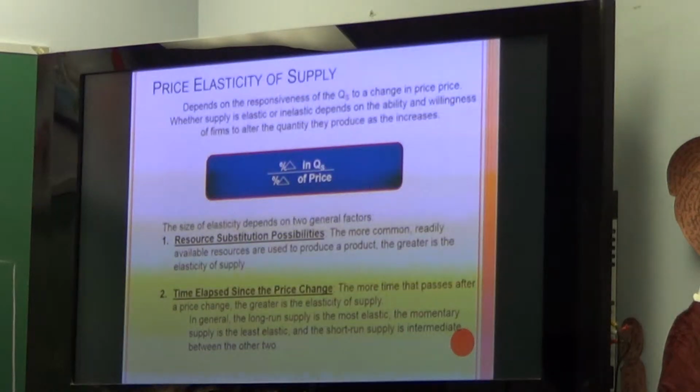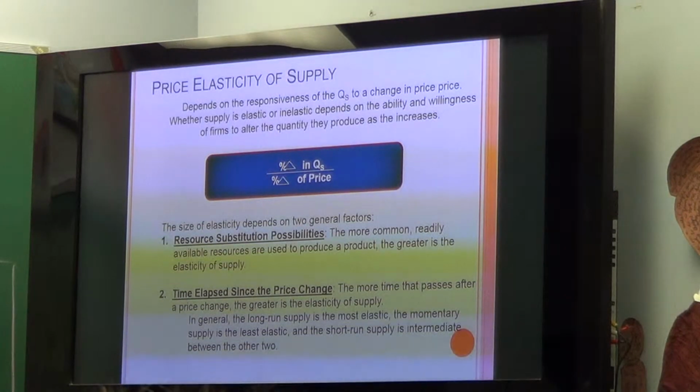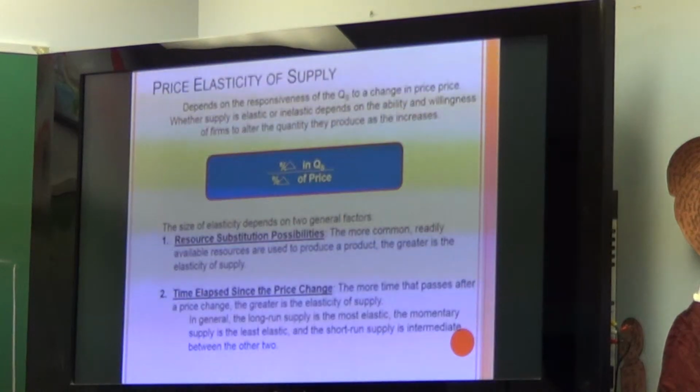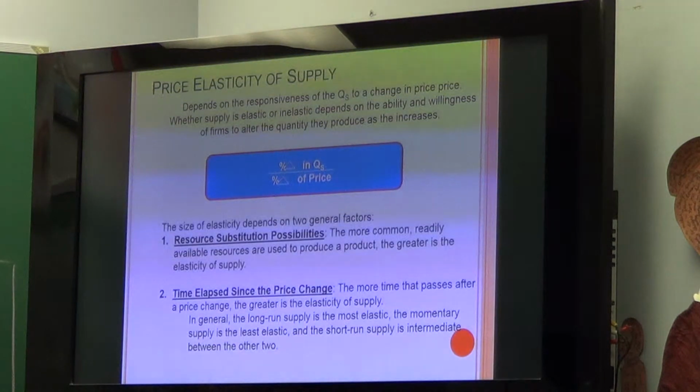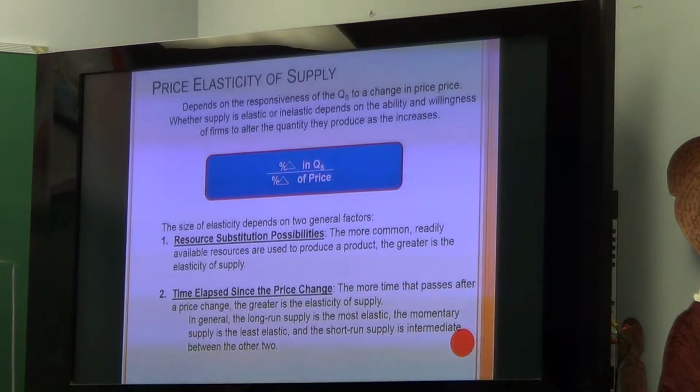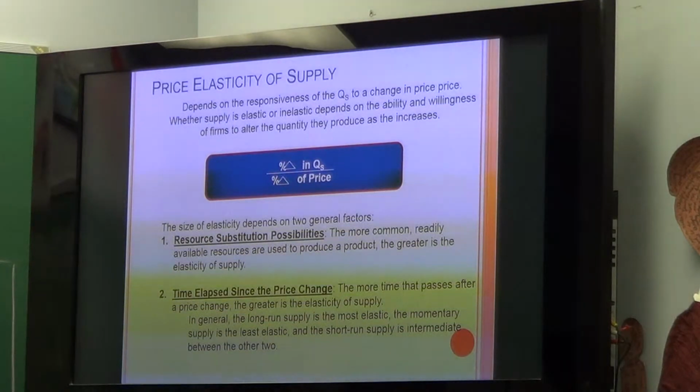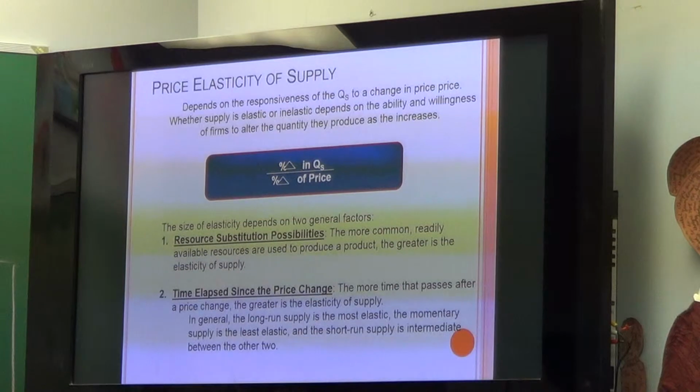Increases, right. As the price goes up, producers are more willing to produce things because they can make more money. So their responsiveness to a price increase, like how much they're producing, is dependent upon the elasticity of the product. The size of elasticity depends on two general factors.